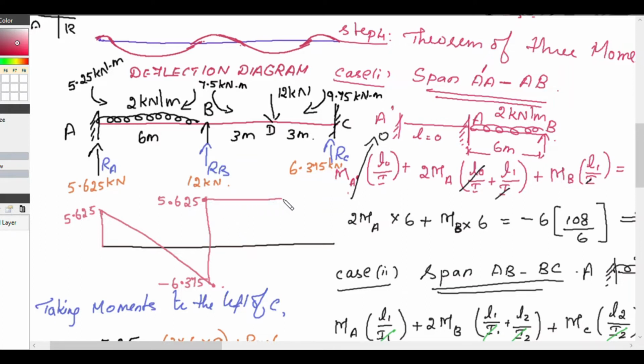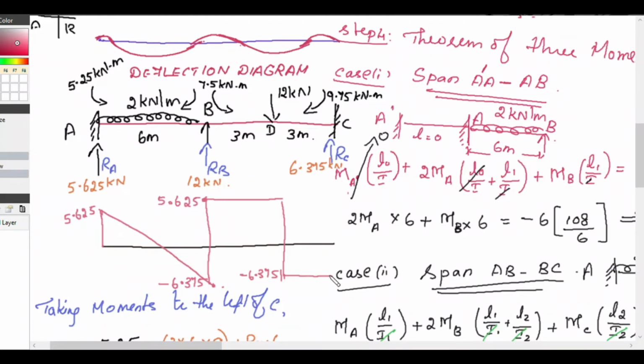After that, up to D, we don't have any load. And at D, we have another 12 kilonewton load. So it is 5.625 minus 12. We get minus 6.375. So from D to C, we don't have any loads. And at C, we have the reaction as 6.375.